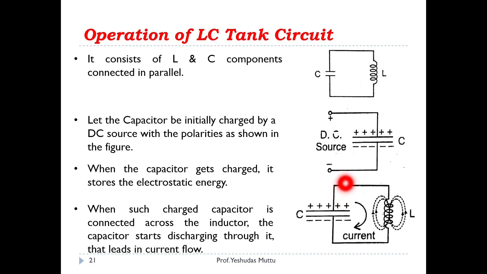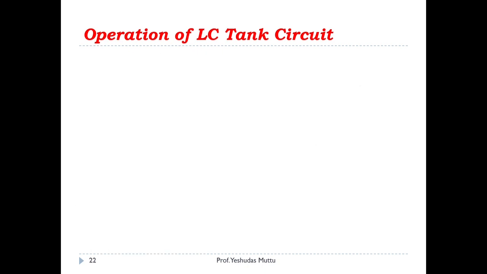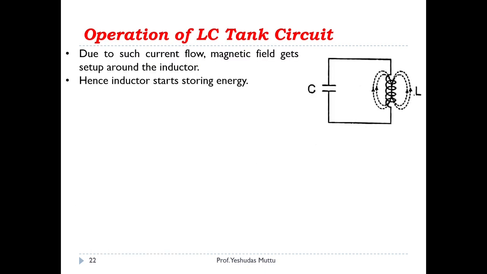So this energy is being given to the inductor, and the inductor stores the energy in the form of magnetic energy. So the entire electrostatic energy from the capacitor is being converted into magnetic energy in the inductor.